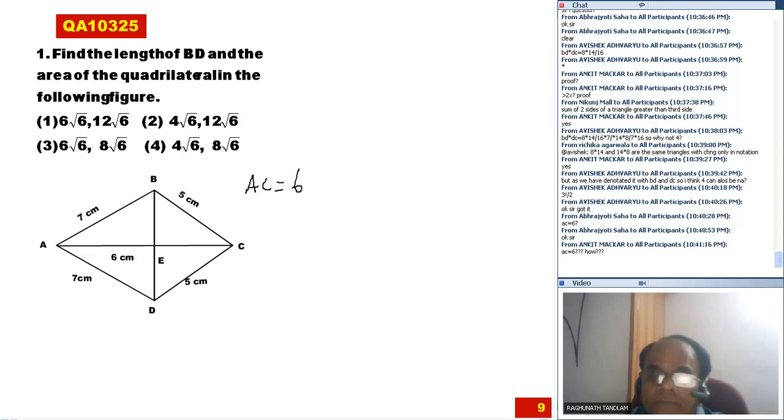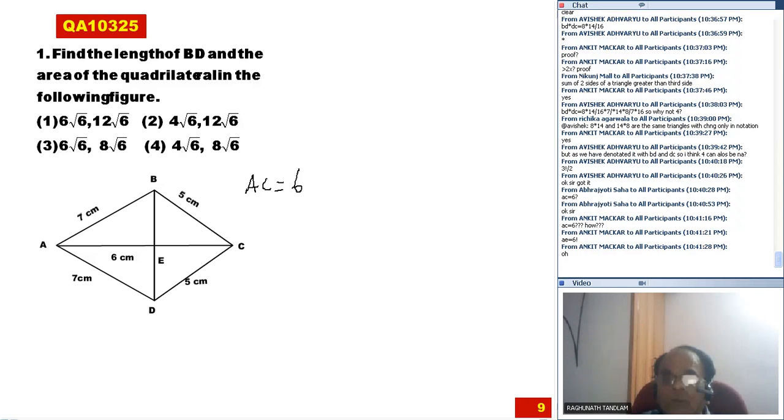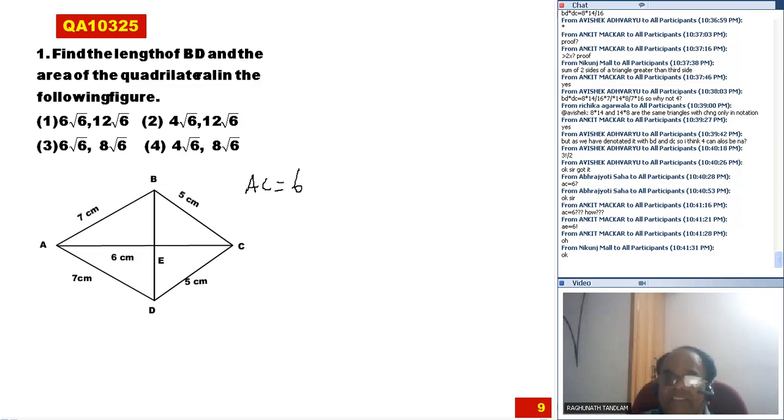It's given AC is 6 here, not AE. That's a doubt here. That's why I'm modifying it. It's not AE is 6, AC is 6.